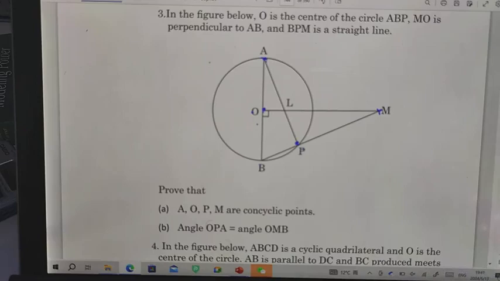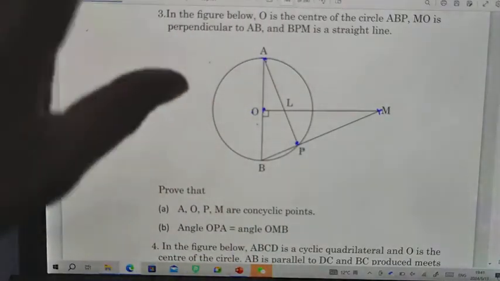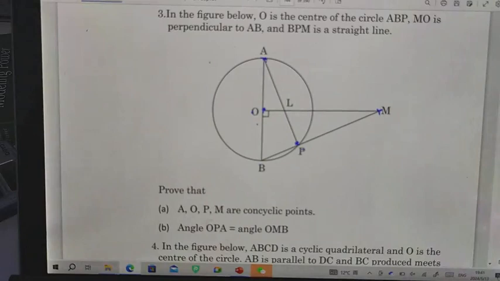So we have this question saying in that figure, as we have already explained. First, you have to consider all the theorems.